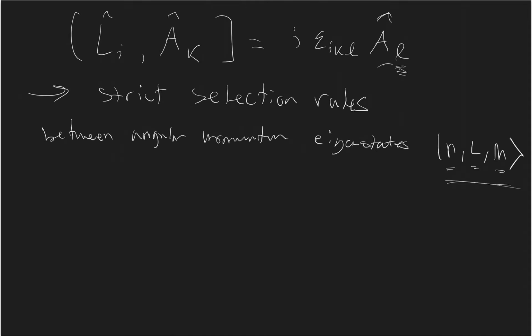So if we're going to make a selection rule for L, let's just do it here. You know what I'm talking about. This is all for selection rules. So the matrix element, we would say some element, let's say L prime, M prime.